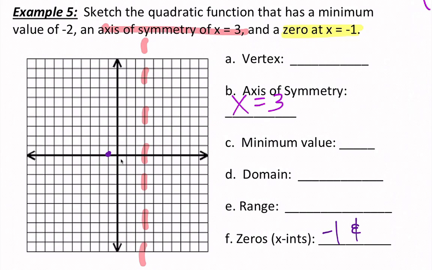The way I can find the other one is I know this splits it in half. So if I have one 0 that's 1, 2, 3, 4 squares away, I know I'm going to have another 0 that's 4 squares away on the other side. 1, 2, 3, 4. Which means my other 0 is at, start at the origin, 1, 2, 3, 4, 5, 6, 7.